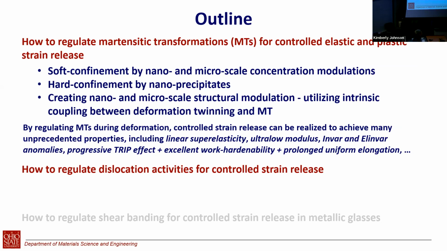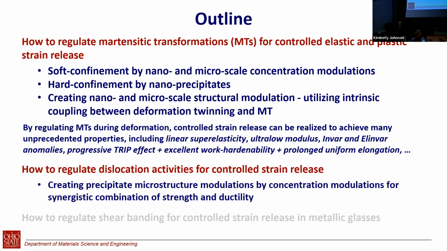We call it the Elinvar effect. You can also have a progressive TRIP effect, which gives an excellent combination of strength and ductility, meaning work hardening and prolonged uniform elongation.